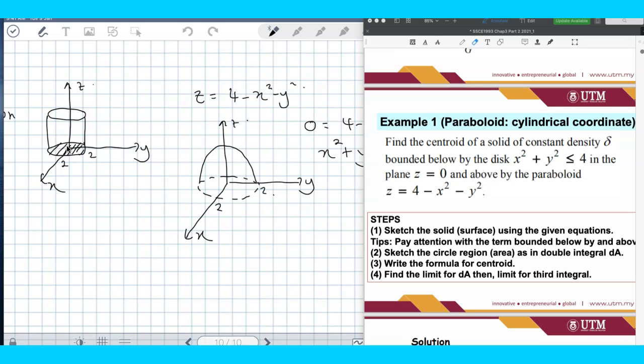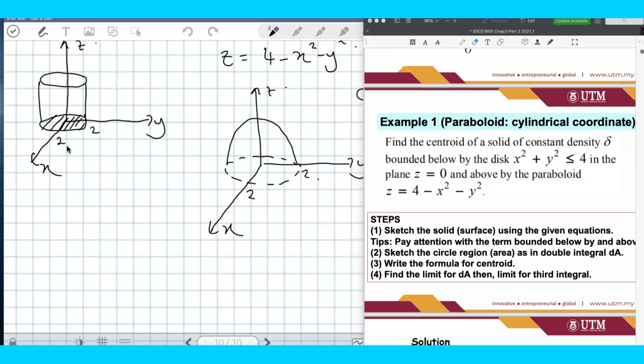When we join them together, we put the cylinder, and because they have the same size on the floor, that is your disc.